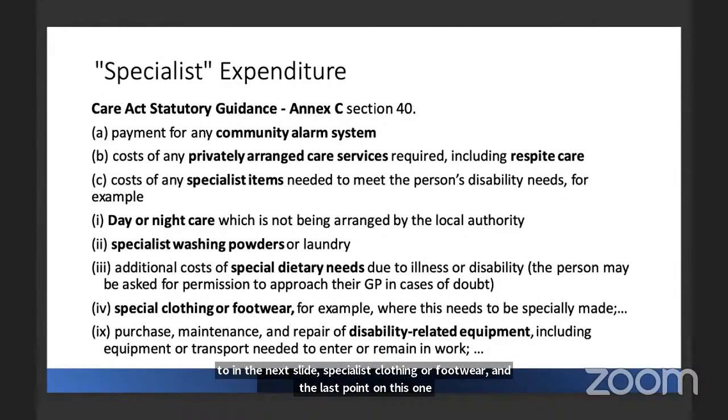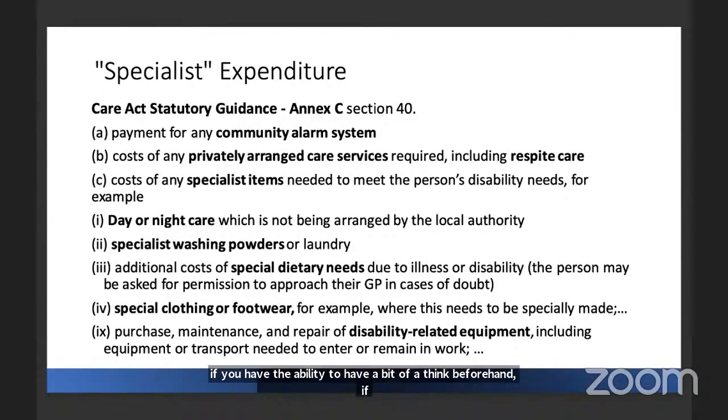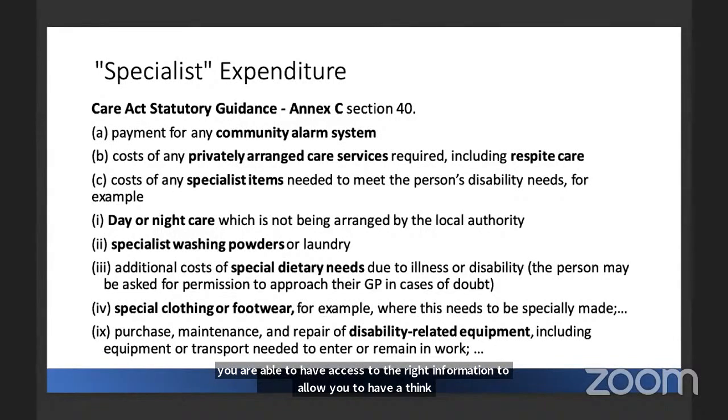So again, there's a whole range of things that you could put down if you have the ability to have a bit of a think beforehand, if you're able to have access to the right information to allow you to think about what happens in your daily life, what type of expenses you have.